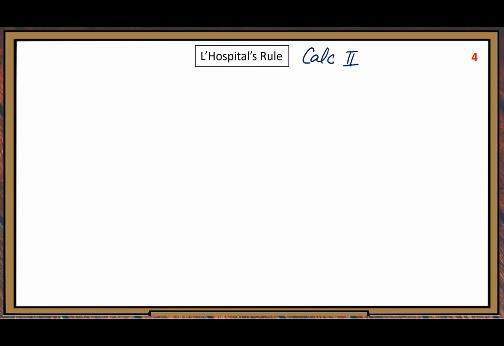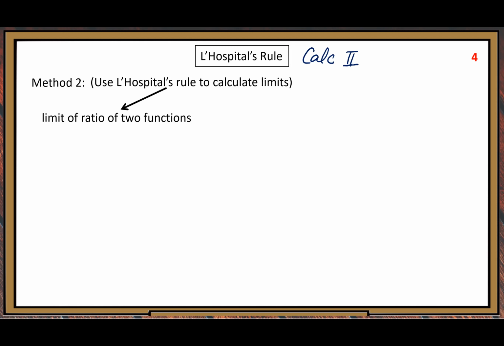Method number two, we use L'Hopital's rule to calculate the limits here. When we use it, we work on the limit of the ratio of two functions.